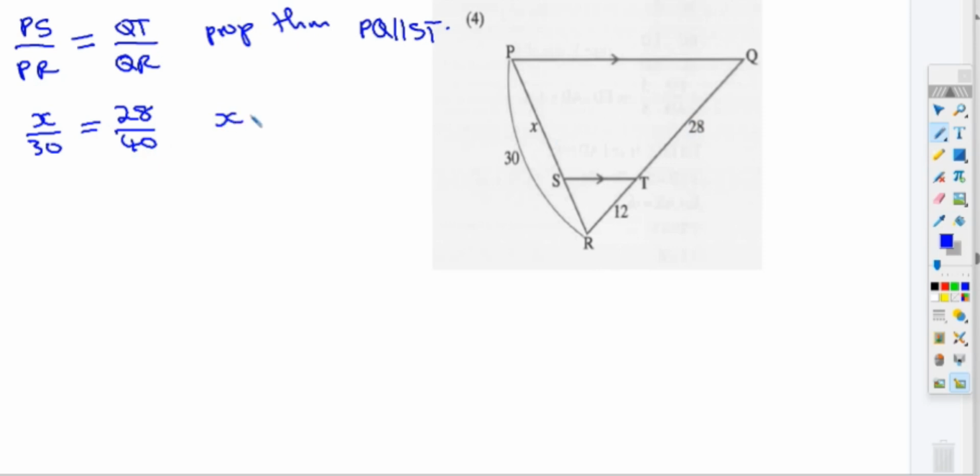So your X there is equal to 28 times 30 over 40. This is 3 over 4. And that gives us 21 units. And then let's look at another question.